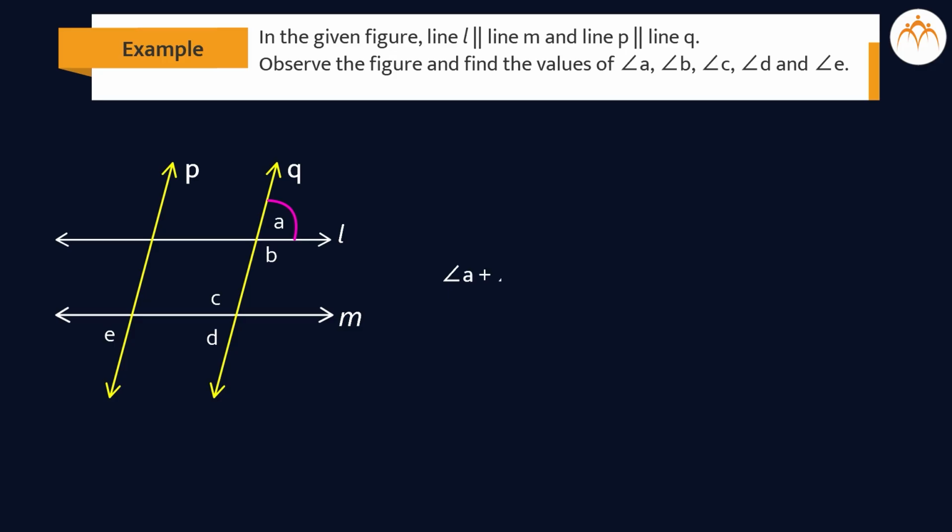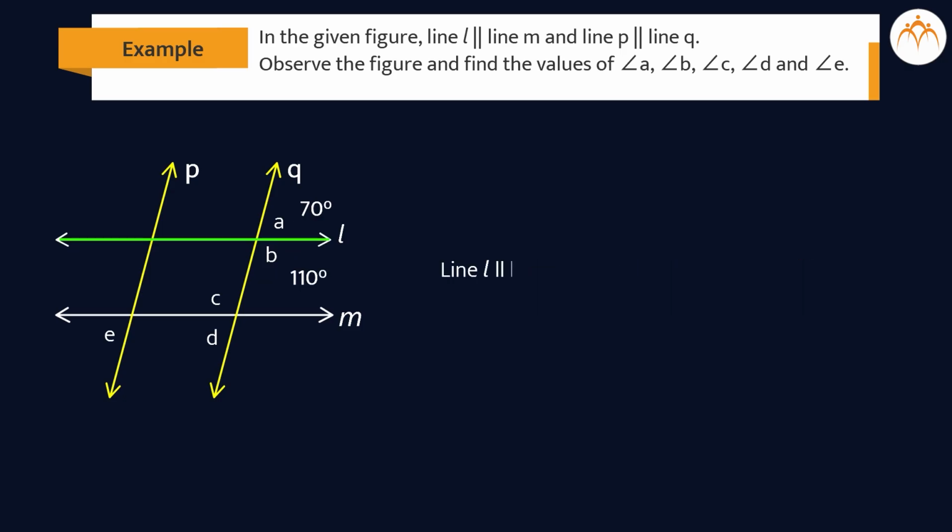Angle A plus angle B equal to 180 degree because it is a linear pair of angles. Therefore, 70 degree plus measure of angle B equal to 180 degree. Therefore, angle B equal to 110 degree, equation 2.